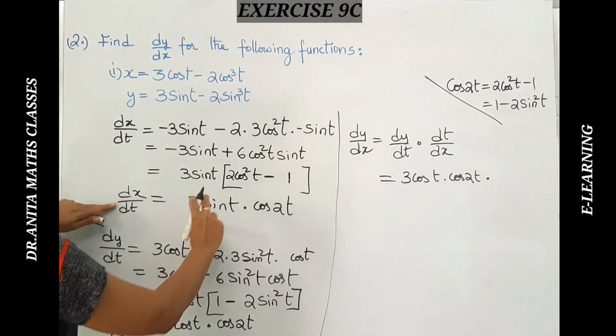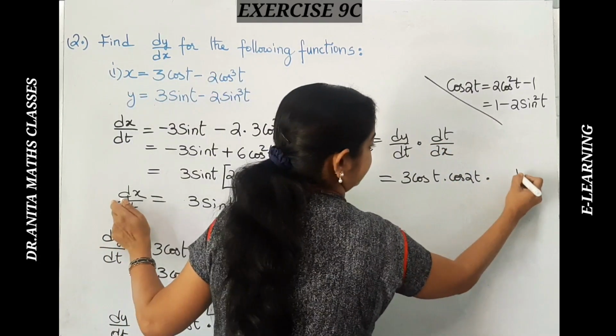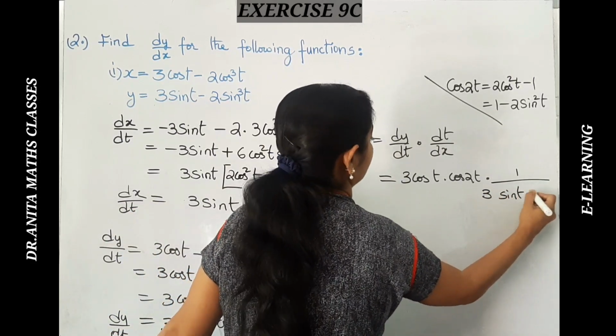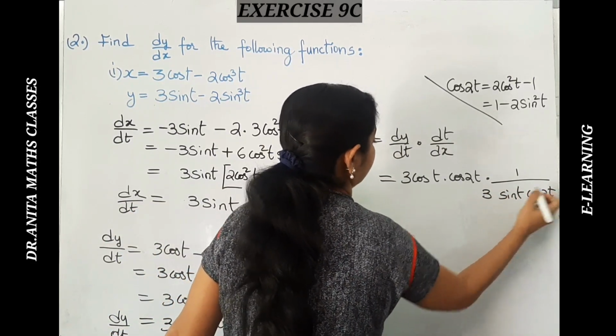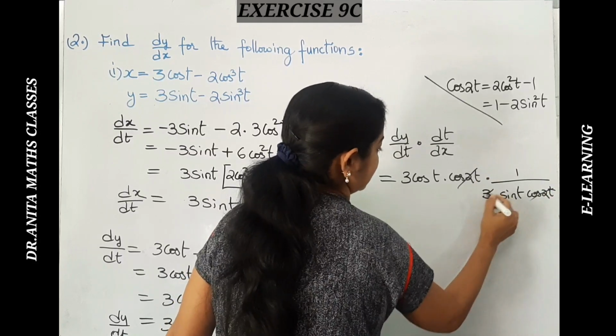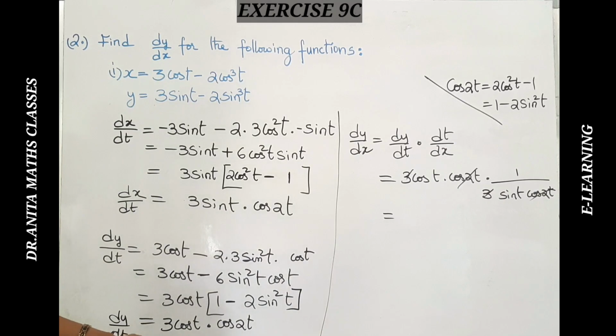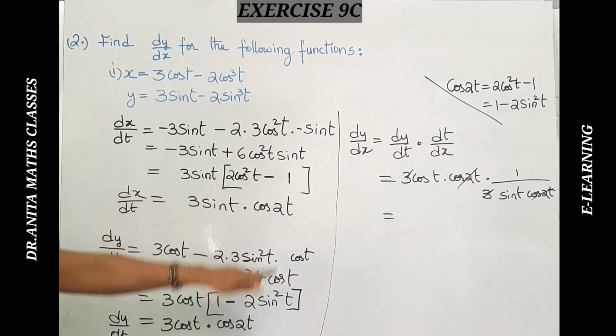If you reverse it, it is 1 by 3 sin t cos 2t. So either way, cos 2t goes off. So this becomes 3 cos t cos 2t over 3 sin t cos 2t.